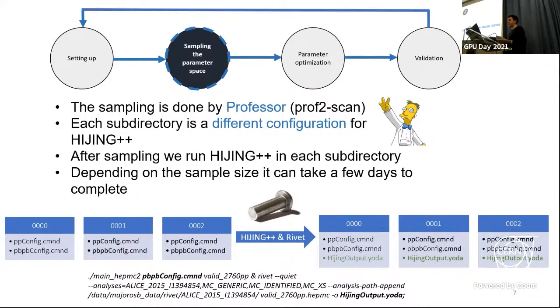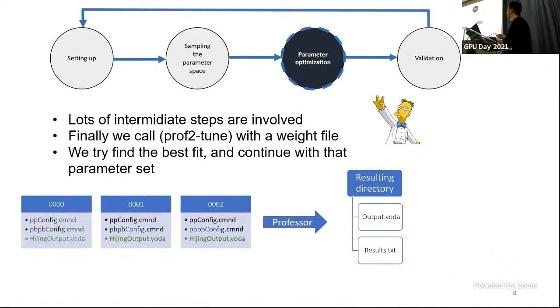And after that, you can run Professor's optimization tool, which will give us the resulting directory, which contains the predictions for the generator and the results.